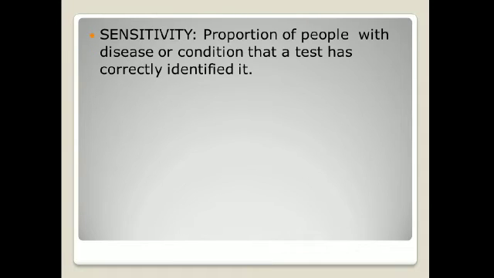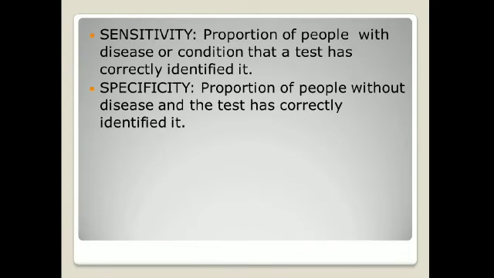Okay, so what does it mean? Sensitivity is the calculation from which you can find out the percentage of people who are disease positive, and the test also shows that the patient is actually having the disease, which means the proportion of people with the disease or any particular condition you are screening for, and the test has correctly identified it.